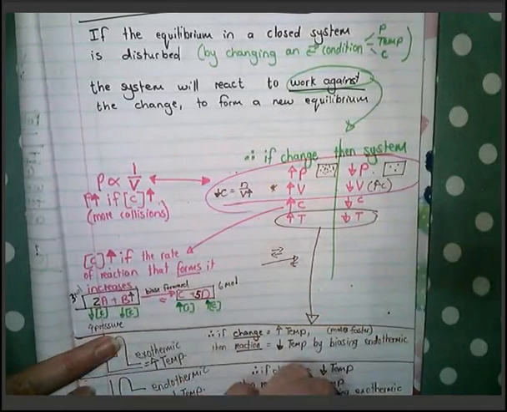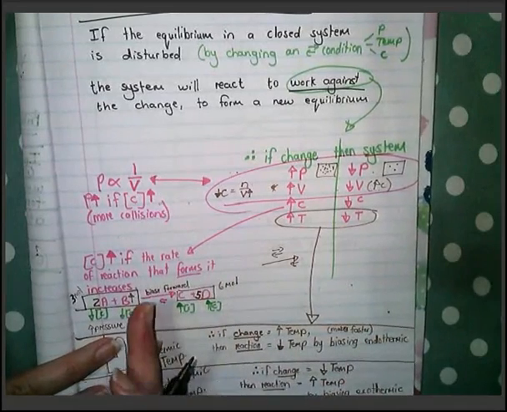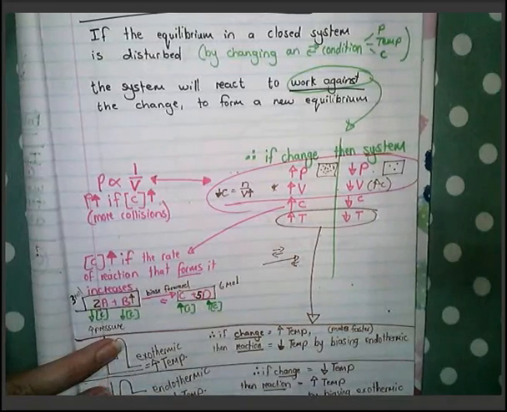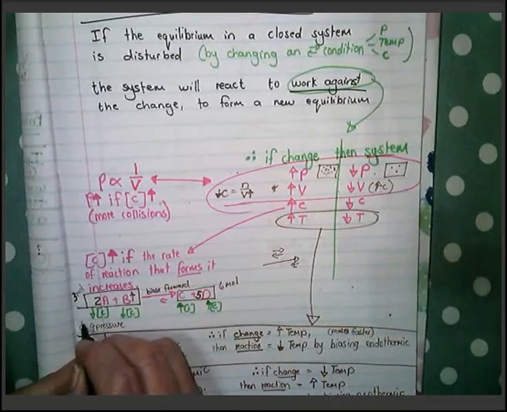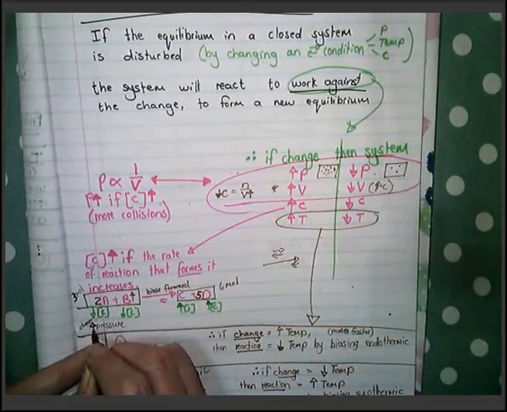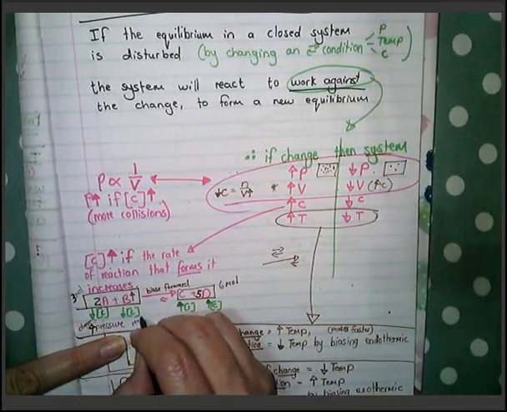So now, if we increase pressure, that's the change that happens. The system will react in such a way to decrease pressure. So the way that it can decrease pressure is it can make fewer molecules, because fewer particles will collide less, will have a lower pressure. So if pressure is increased, that's the change, the system will react by decreasing pressure.